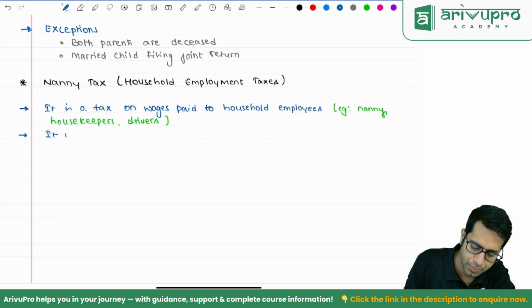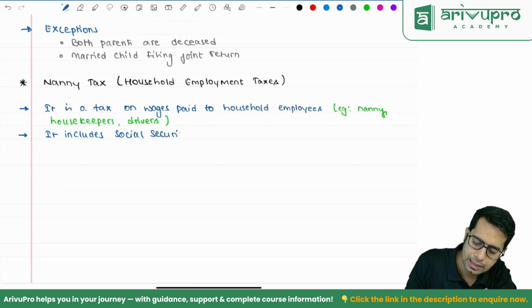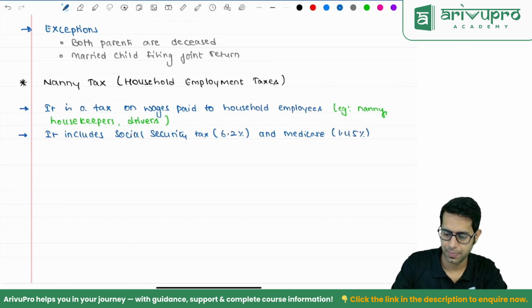It includes social security tax. How much is the rate of social security tax? 6.2%, and Medicare tax of 1.45%.